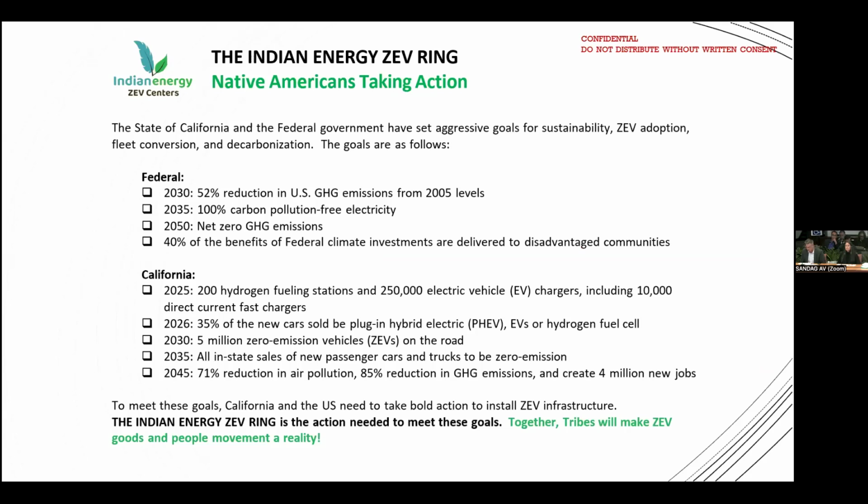The biggest thing to take away from this slide is that if we don't find a way to make a large infrastructure play like is being proposed here with the ZEV ring, the ability to meet these numbers, whether it's the sale of electric vehicles or hydrogen vehicles or the mass reduction in emissions, which, a large primary contributor to our GHG emissions is tailpipe emissions.